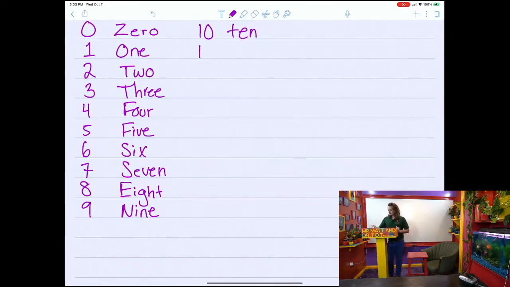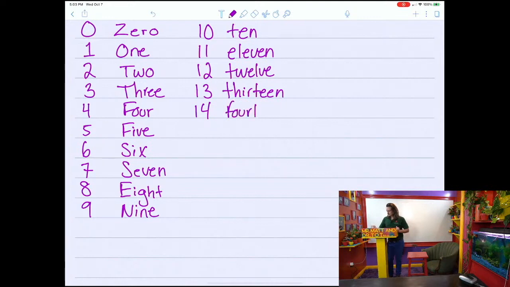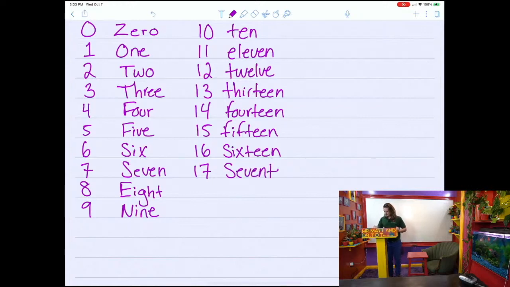Then 11, 12, 13, 14, 15, 16, 17, 18, and 19.